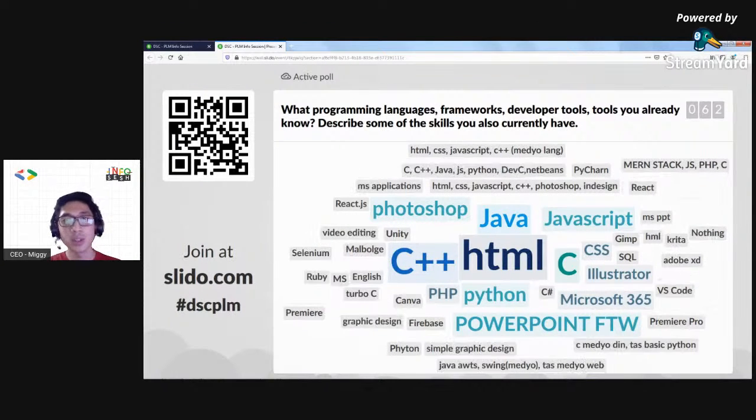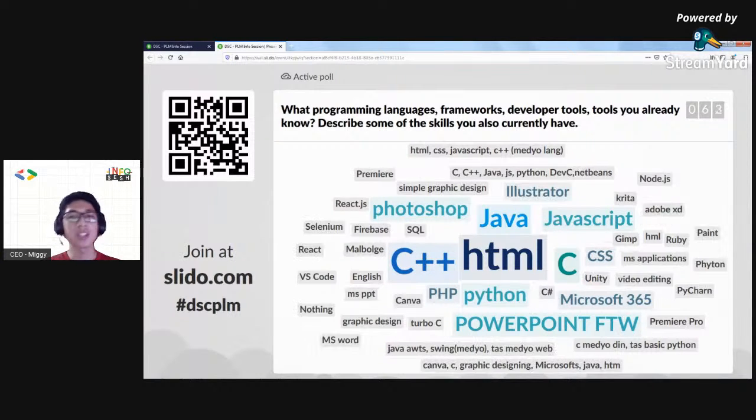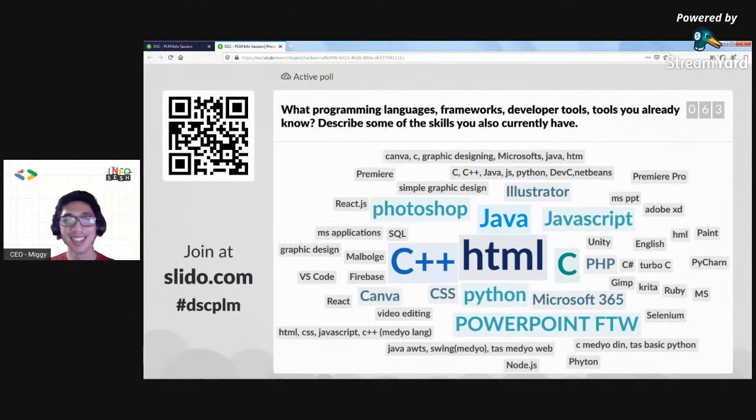It's really good to hear. Everyone seems to be techie so far. Interesting. VS Code for the win. Yes.